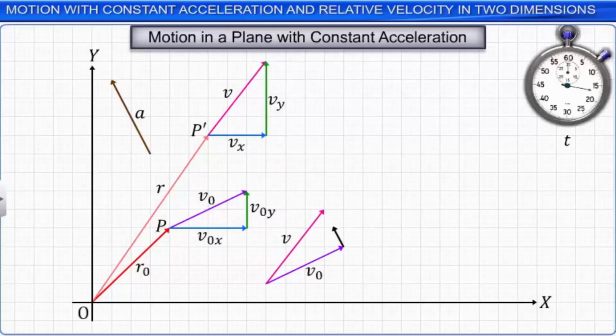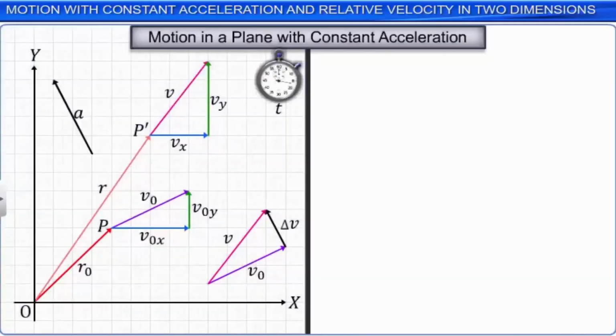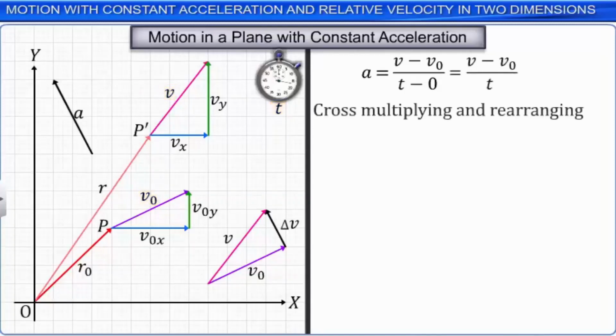Constant acceleration a is equal to change in velocity by time. Thus, a can be written as v minus v0 divided by t minus 0, which is equal to v minus v0 divided by t. Cross-multiplying and rearranging, we get v is equal to v0 plus a into t. Let this be equation 1.